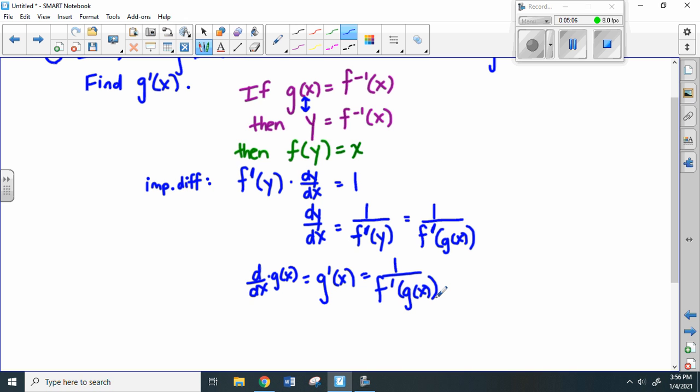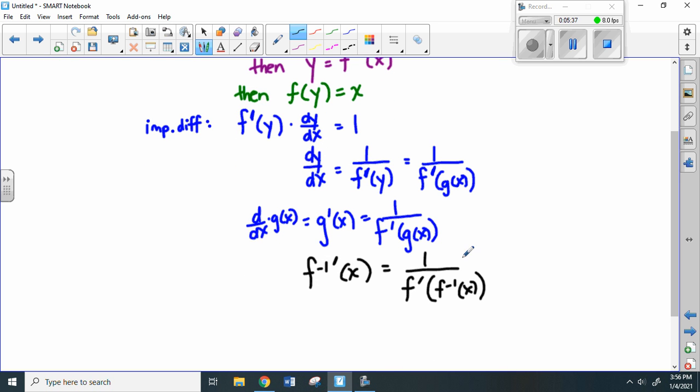Let that sink in for a second. Now, if we have found the derivative of g prime, and g is the inverse of f, then technically we have found the derivative of f inverse of x. So this is just another way to write it, and this is the definition of the derivative of the inverse of f.